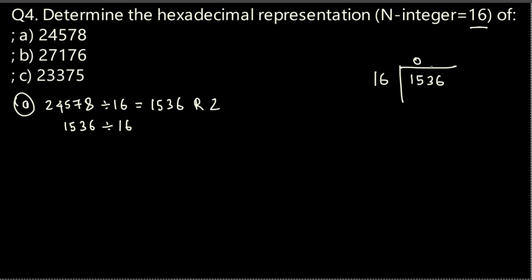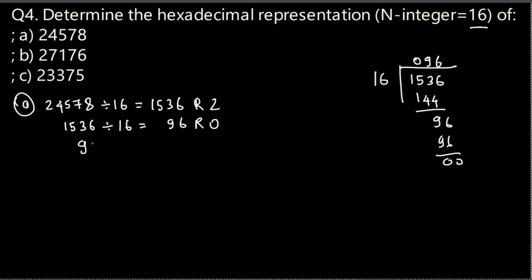Then in 153, we have 9 of them. 16 times 9 is 144, so we have 9 left, and in 96 we have 6 of them. So 96, and that's 0, so the remainder is 0.